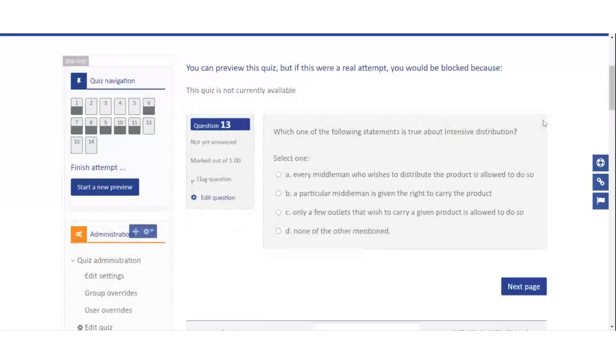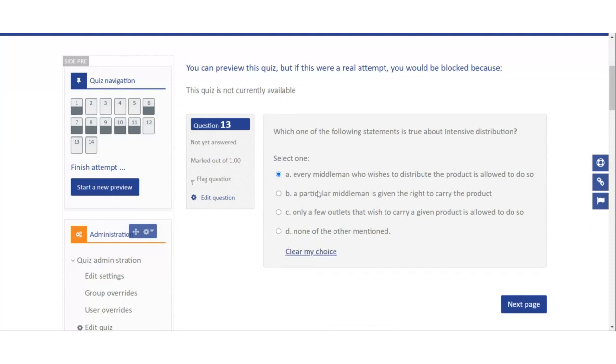Which of the following statements is true about intensive distribution? Every middleman who wishes to distribute the product is allowed to do so. This is actually the answer. Intensive distribution is where every middleman can carry the product.